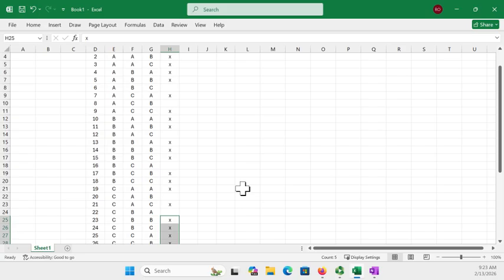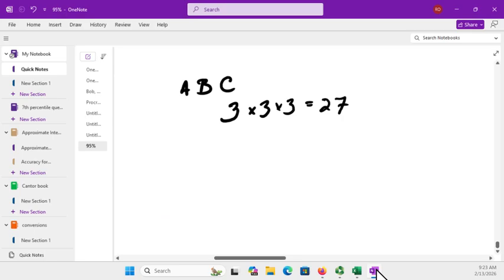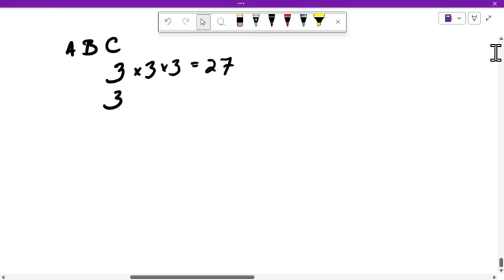I can't repeat. I can put anything in the first position, so I can put A, B, or C in the first position. In the second position, I can only have 2 things, the other of the A, B, C. And once I've got one in the first and one of the 2 left in the second, there can only be 1 at the end, so there will be 6.